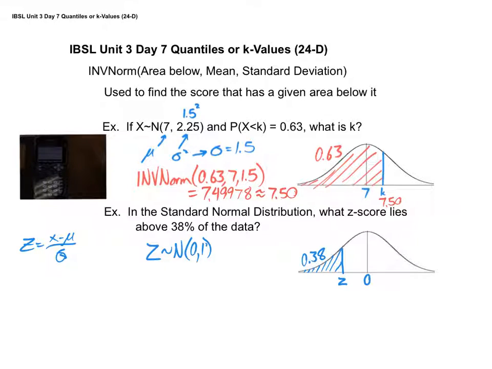So now we just do inverse norm. What are we going to put in? 0.38, 0 and 1. And we know our answer should be negative.